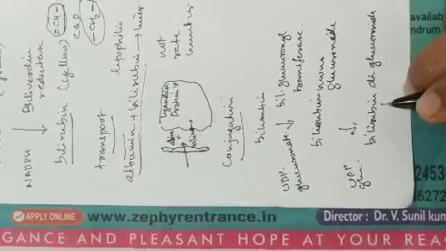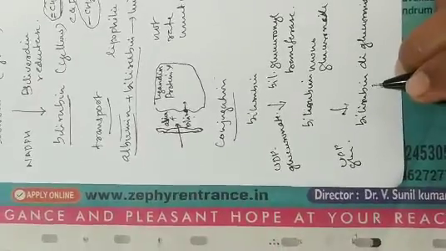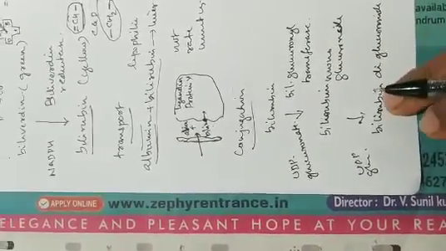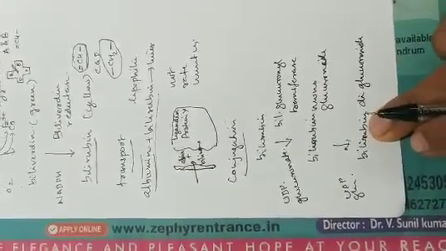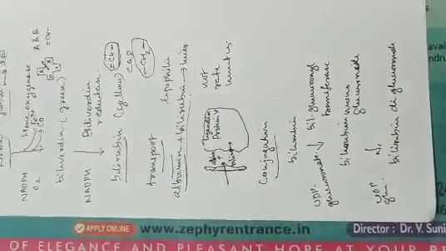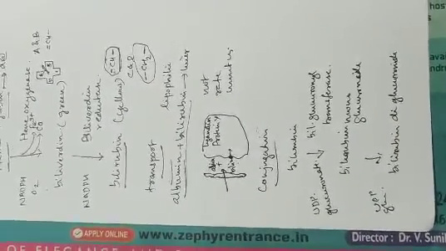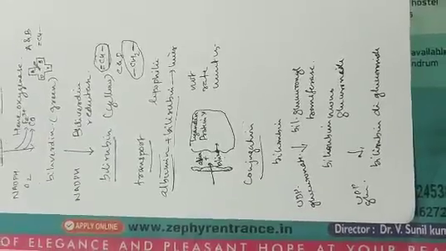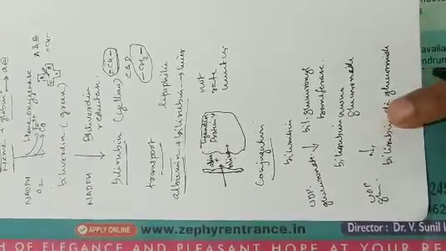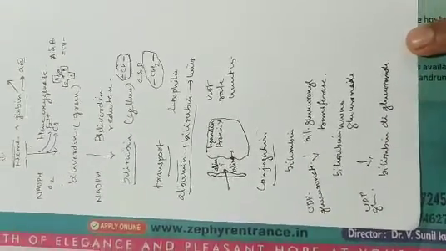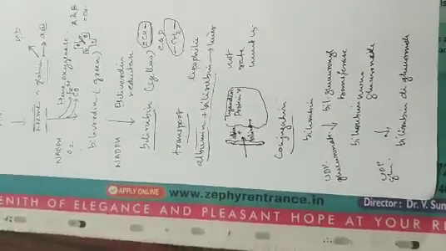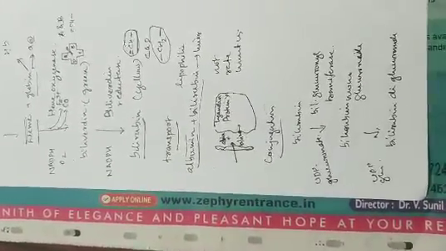Okay. And a small portion of this bilirubin enters into enterohepatic circulation again, and major portion of this bilirubin diglucuronide conjugated form is excreted into the bile through bile canaliculi.